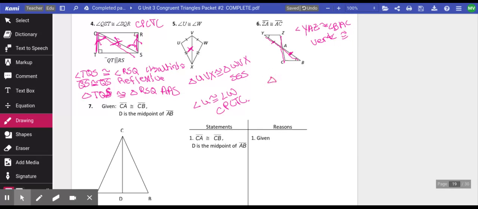So that means triangle YAZ is congruent to triangle BAC by angle, side, angle. And so ZA is congruent to AC by CPCTC.